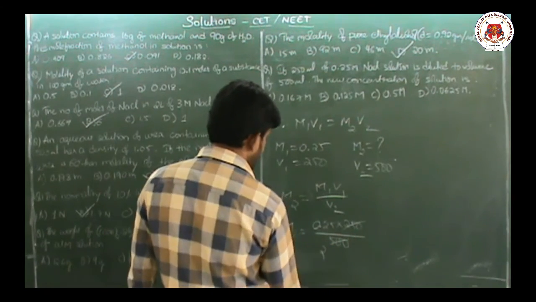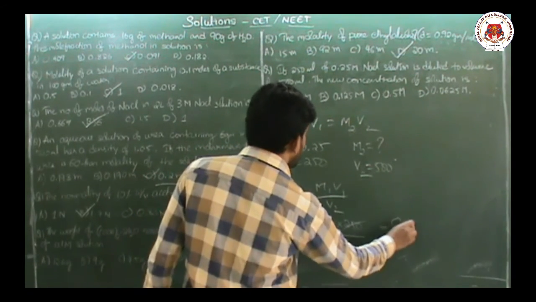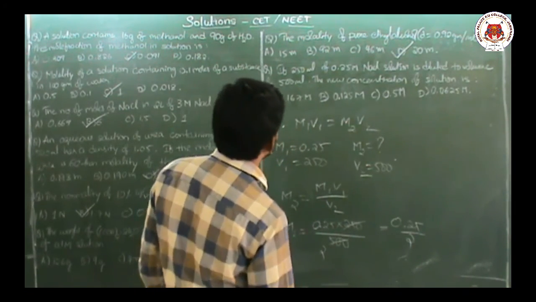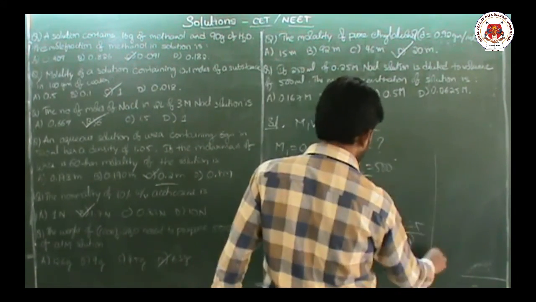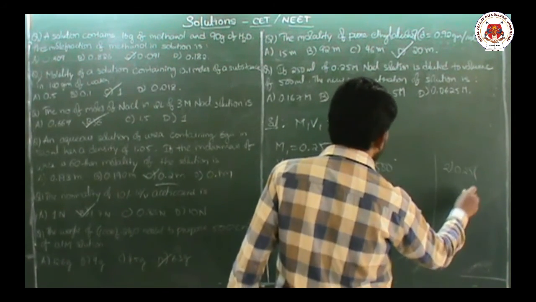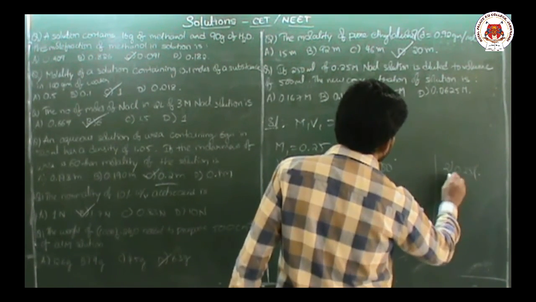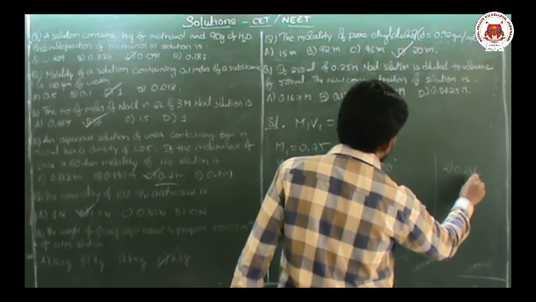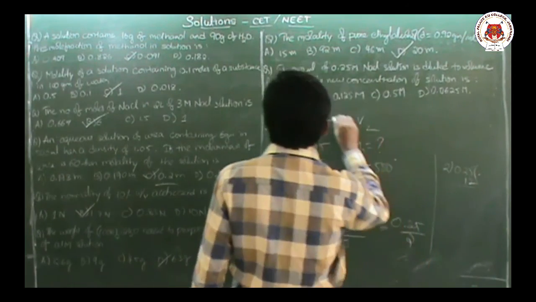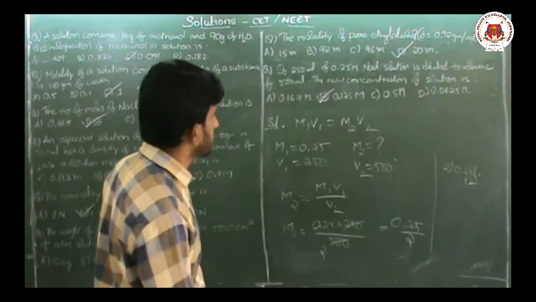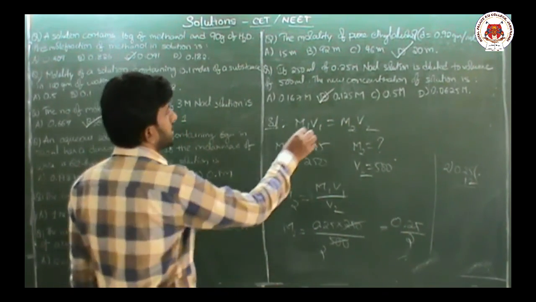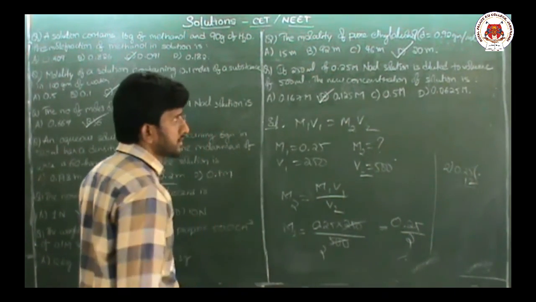So 0.25 divided by 2 means it is 0.125 that we will get here. Okay, 0.125. That is the molarity of this particular new concentration.